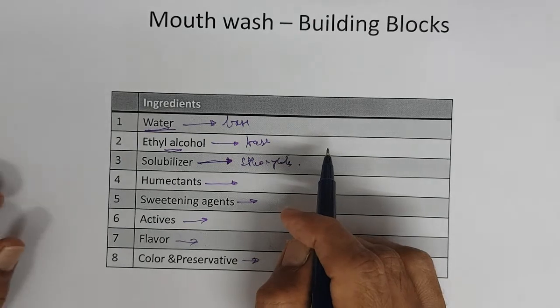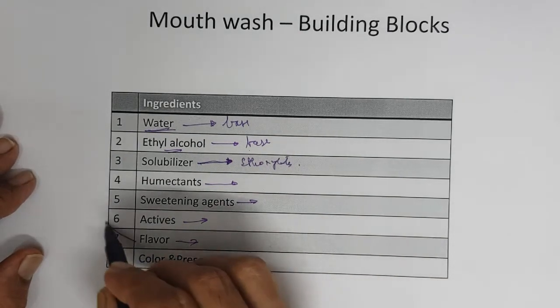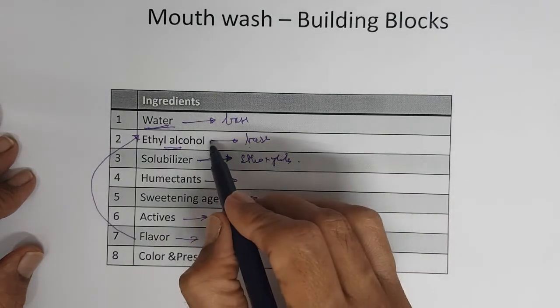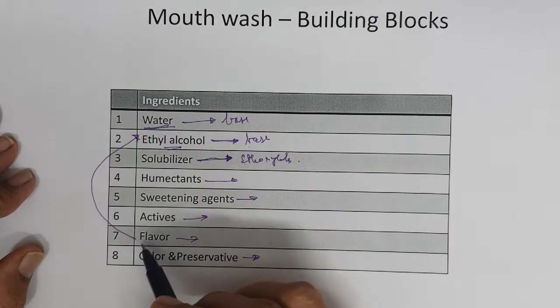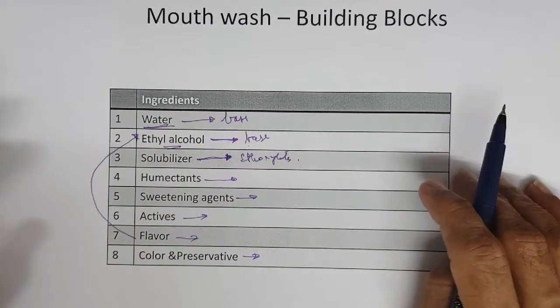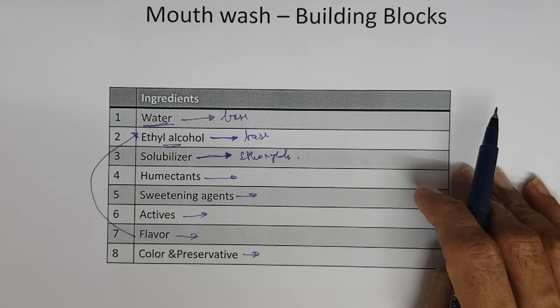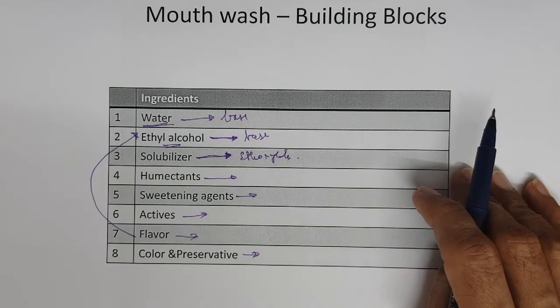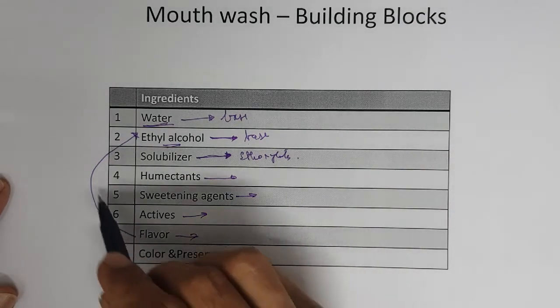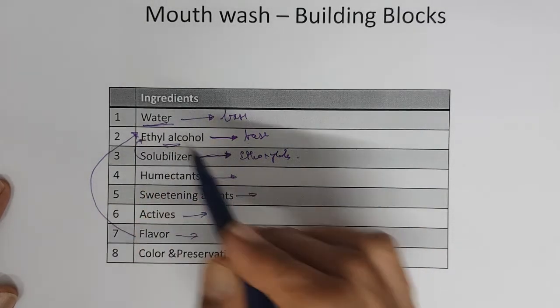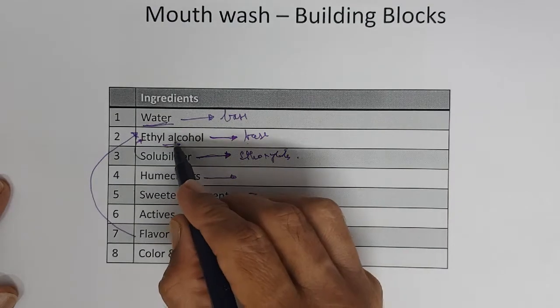These solubilizers are necessary to solubilize the flavor in water. If ethyl alcohol is used in the formula, the level of solubilizers used can be reduced.